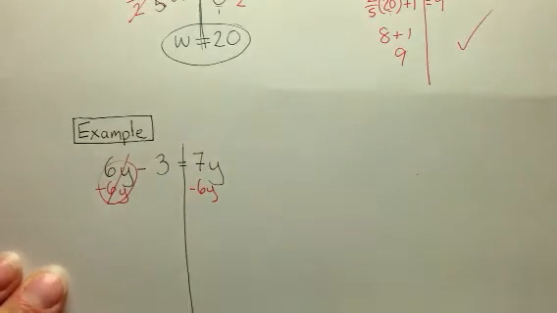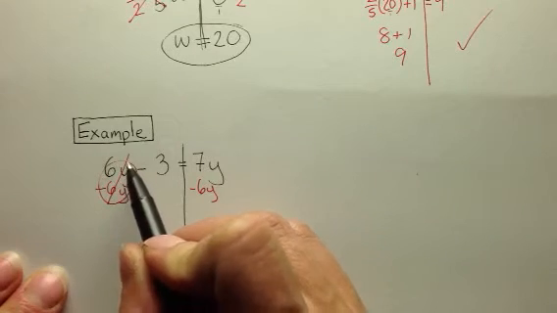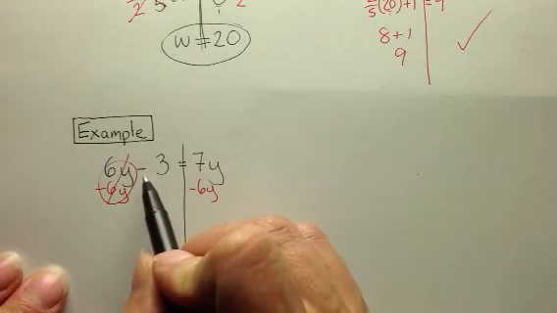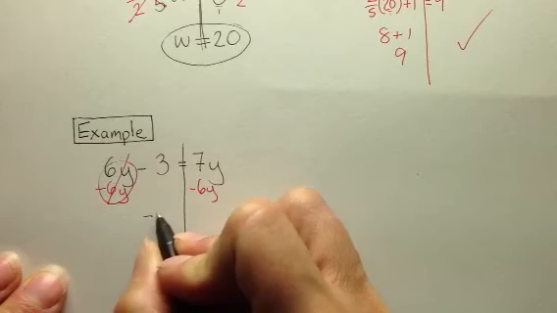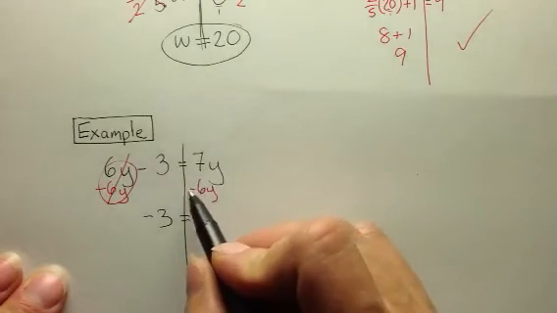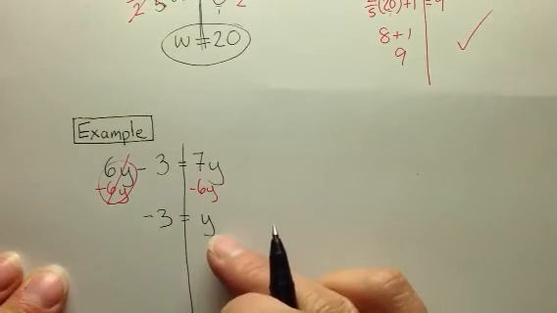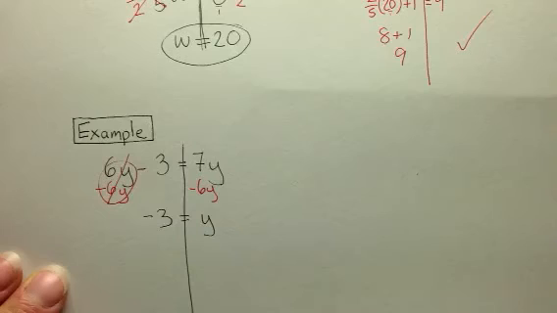Be very careful here. You have a minus, but when this goes away, that really becomes a negative. So we have negative 3 equals, and 7y minus 6y is 1y, or y. 1 times y, and the identity property says that's y.